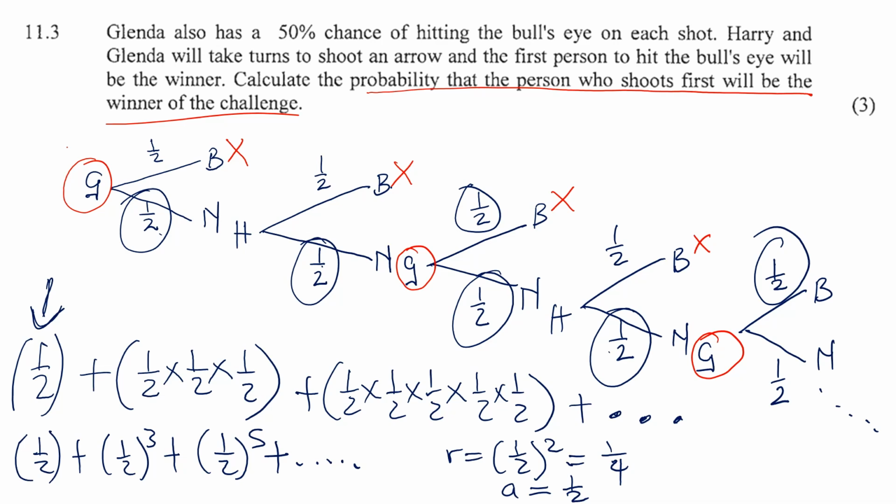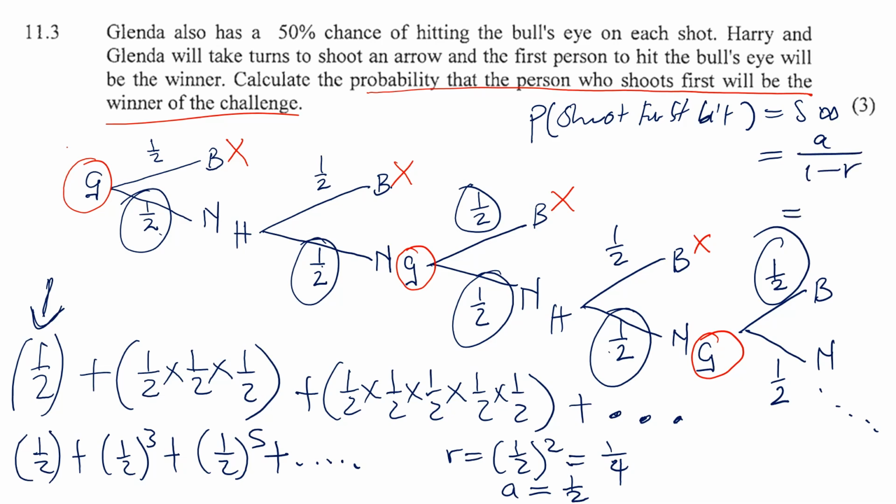So the probability that the person who shoots first will beat is basically that sum to infinity of those probabilities, which is a over 1 minus r.